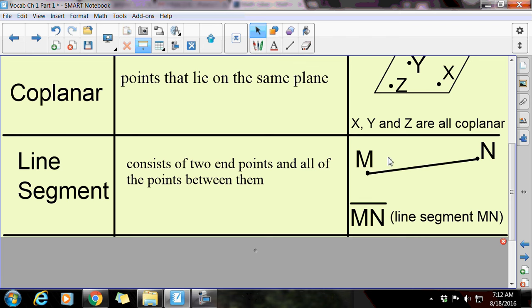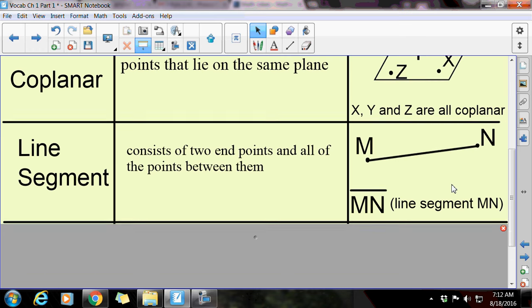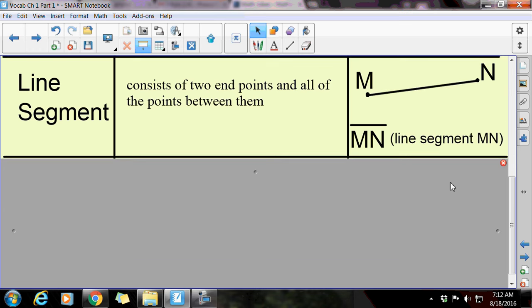That's really important. And then every single point that's between them is part of this line segment. So there's an infinite number, a bazillion, trillion, those are my made up number words, of points in between M and N. And all those points are part of the line segment. Once again, this is how you'd write it. Notice there's no arrows on the end of MN.